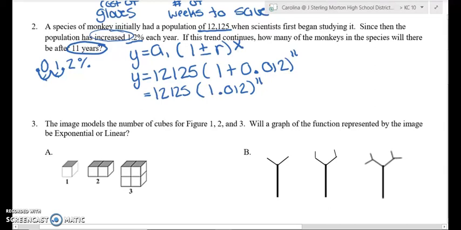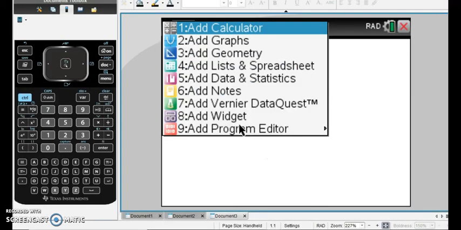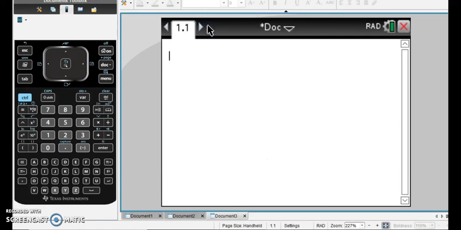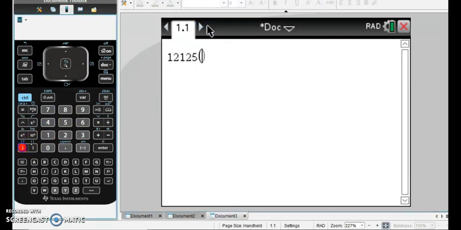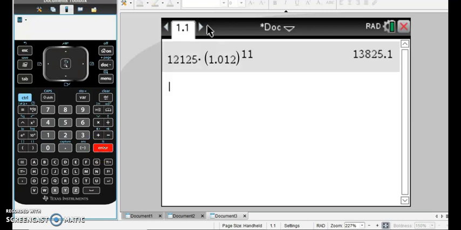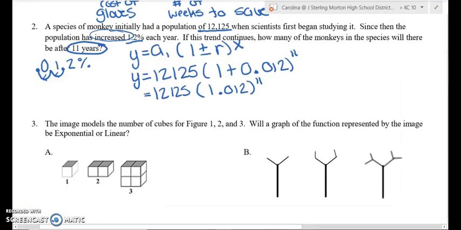So that's exactly what I'm going to type into my calculator. So at the calculator: 12,125 parentheses 1.012. I'm going to raise that to the 11th power, which equals 13,825.1.